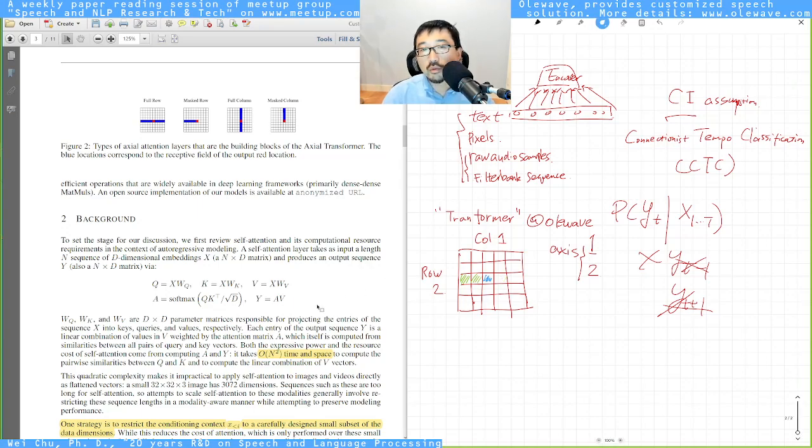The reason they have this masked row attention is because they want to apply the causality constraint. Because I'm using an autoregressive predictor, at time t, I'm not supposed to know the sample at t plus 1, or even the sample at time t. This is why during training you want to apply a mask. The mask would set ones here, but set 0 here and all 0 here.